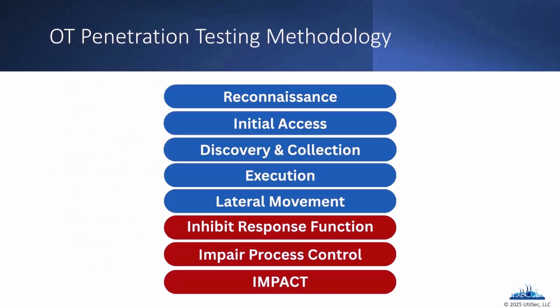So let's jump in. When we're looking at this from the OT pen test methodology perspective, where I try to simplify the approach, I have discovery and collection essentially lumped into one stage. So this is where you can see we've performed our reconnaissance and we've gained initial access onto the OT network.